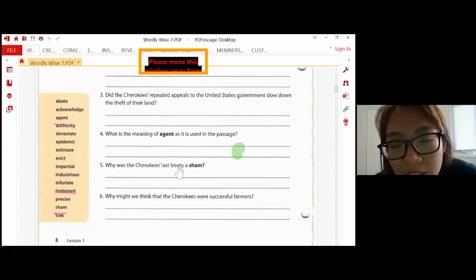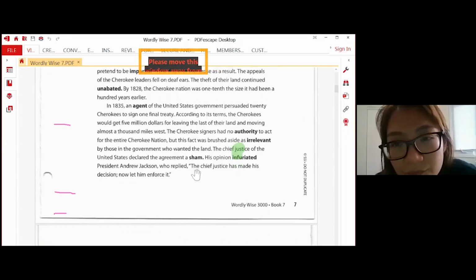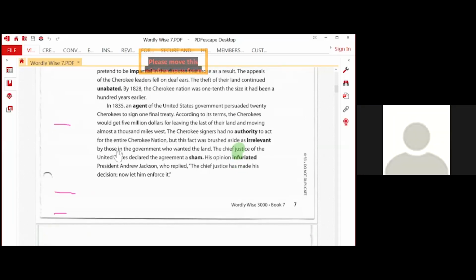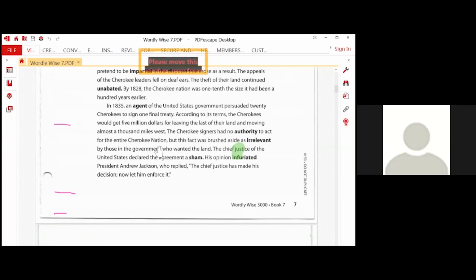Why was the Cherokee last treaty a sham? Cheng. It was a scam to like... It's not a scam, it's a sham. It was a plan to scam the Cherokee people of their land.